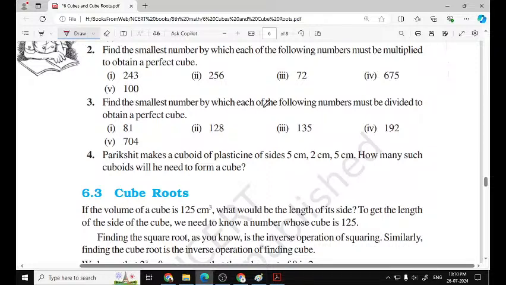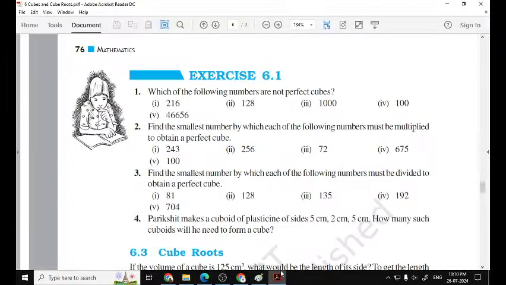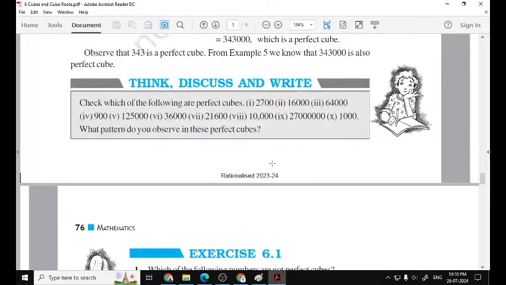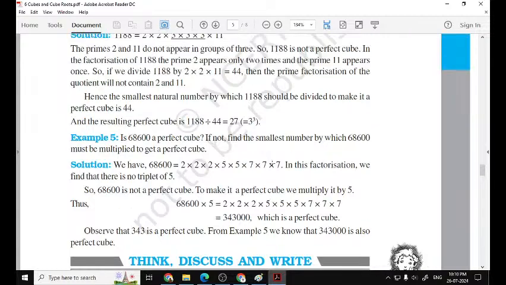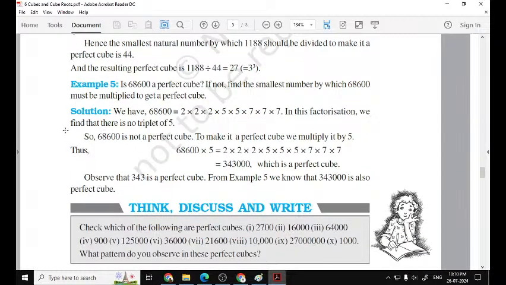Find the smallest number by which each of the following numbers must be divided to obtain a perfect cube.